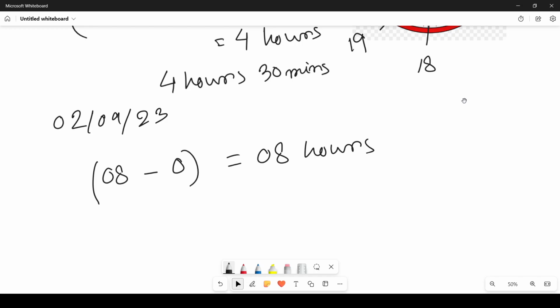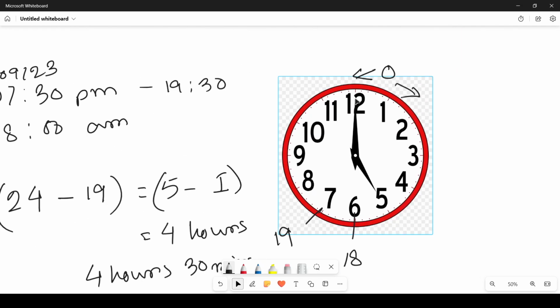Why? Because when you are calculating a day with 24 hours, you start a day from 0 hours, which is basically the morning time, and then you finish a day with 24, which is basically night time.